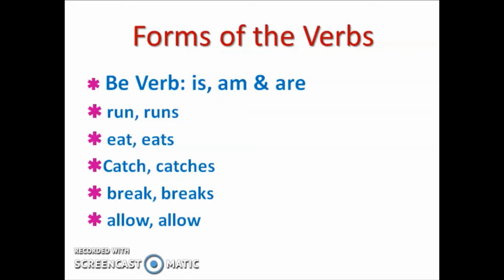And right at the top, you have in bolded words the be verb. The be verb in the present tense has three forms: is, am, and are. It's very important for you to remember that is, am, and are are the be forms of the verb in the present tense.